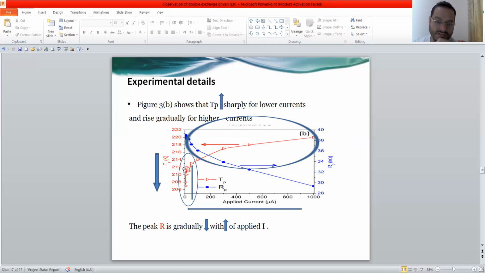At low current here, and with high current here, the peak resistance gradually decreases with increasing current. The peak resistance in kilo ohm decreases with increasing current. Let's take a look at how and why.